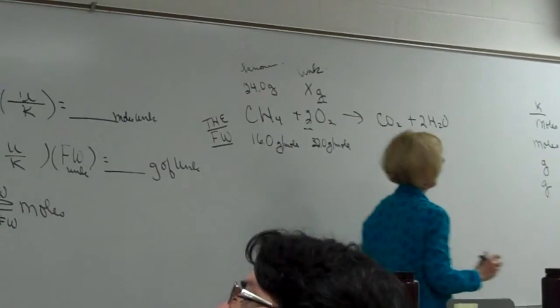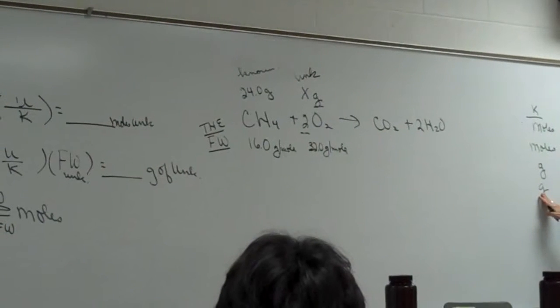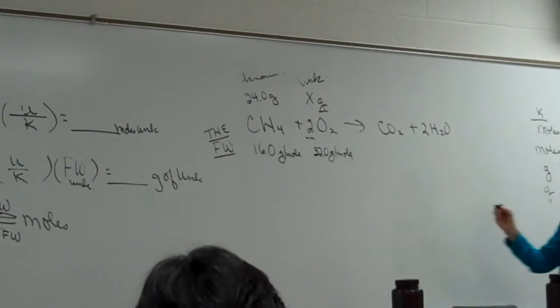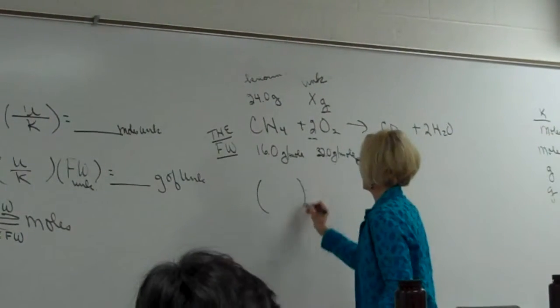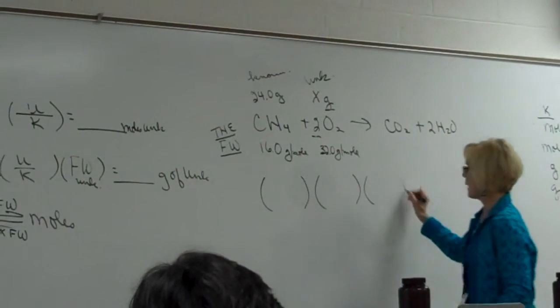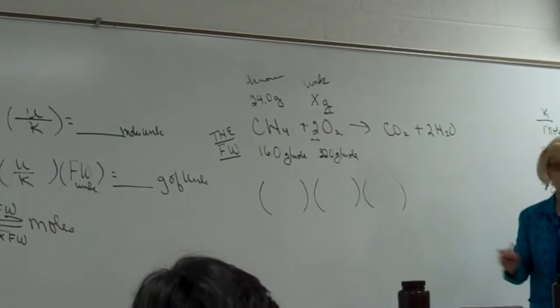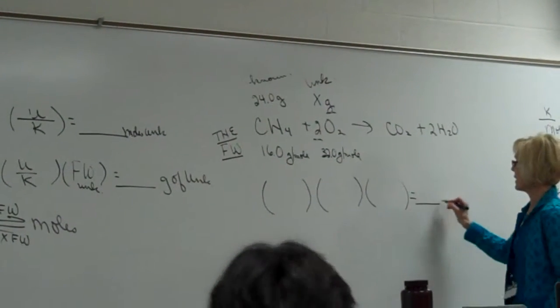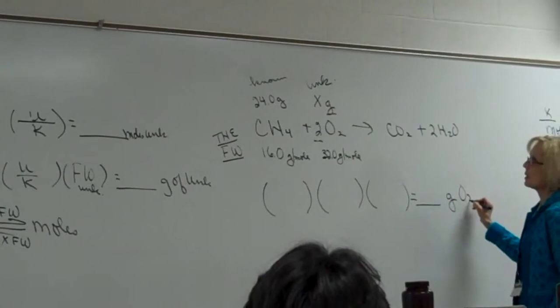Okay, so what do we have? This type: they gave us grams, they're asking for grams. That means we need 3 sets of parentheses there, and that's going to give us grams of oxygen.